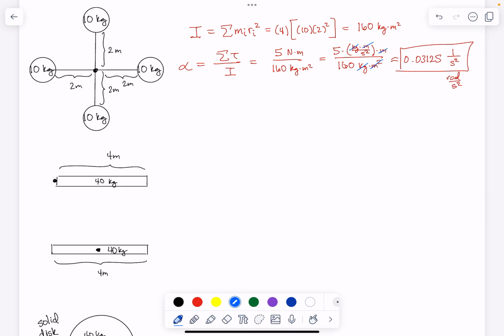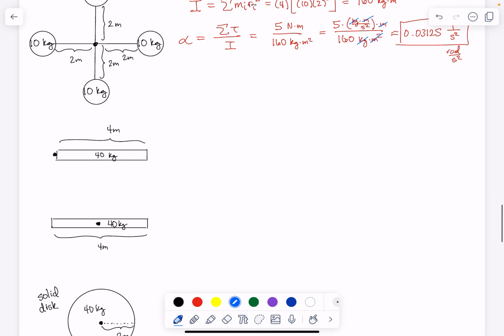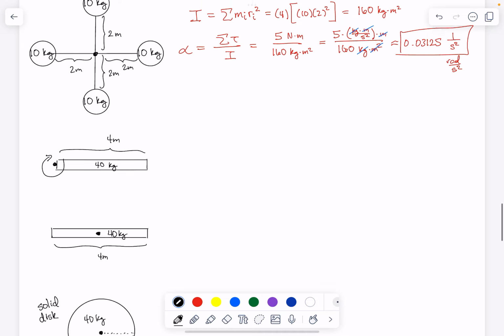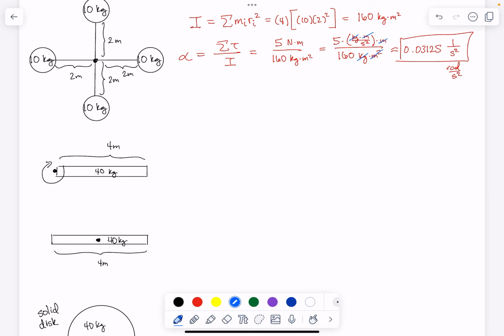Okay, cool. Now we have a rod which is rotating about this axis at the very end. So there's actually a formula for rotational inertia here. For a rod of length L, the rotational inertia formula for this scenario would be mL squared over 3. And so we can just directly calculate that.